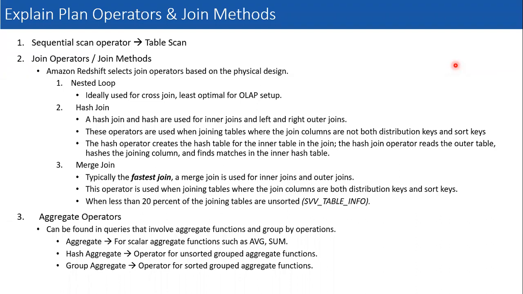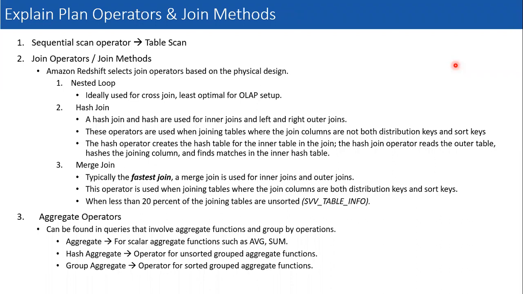So I'm writing, say, a select query: select sum of sales from sales. If that is the query, then you can find a keyword called aggregate. That is a scalar aggregate function. Just a plain select with sum, average, min, or max will result in seeing an aggregate. Then hash aggregate is something like select department ID comma sum of salary from employees table.